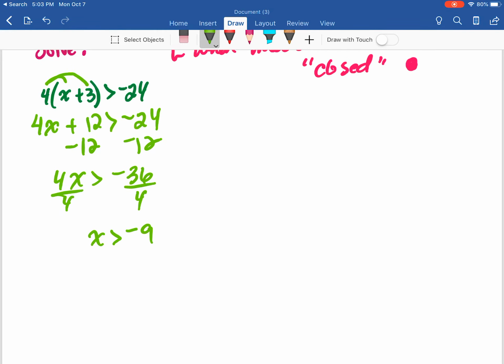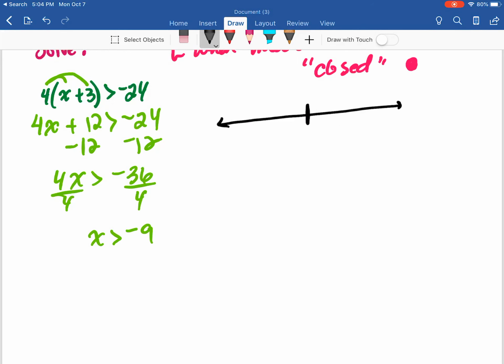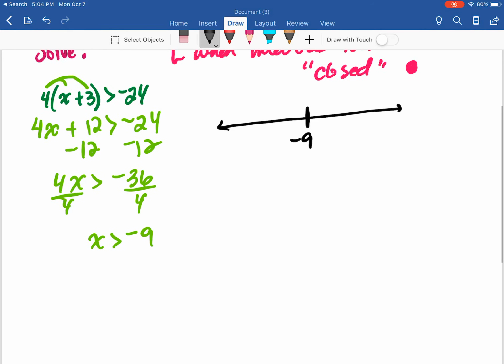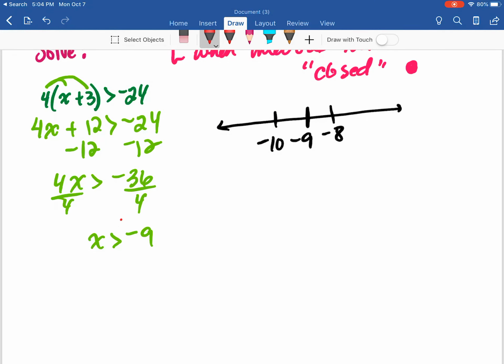Okay, so now we're going to graph this on a number line. I have negative 9. And when we're going in the negative region, it's opposite. So if that's negative 9, this to the left is going to be negative 10, and this is going to be negative 8 to the right. This is a greater than sign, so this means it's open.